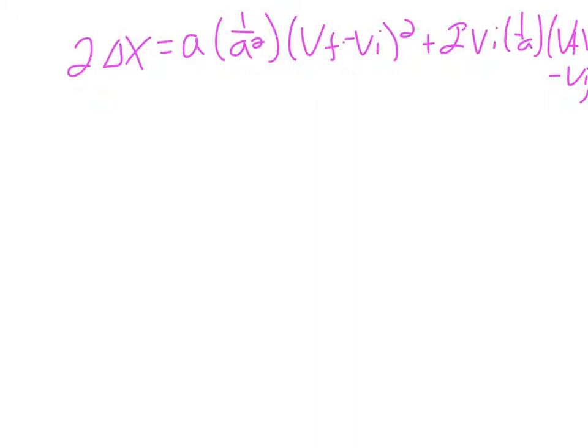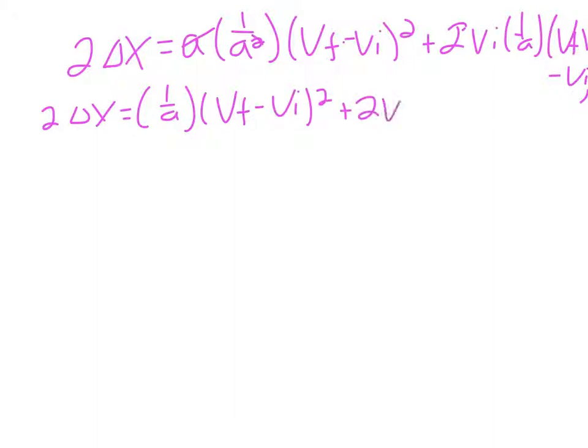This a cancels out that, so we're left with 2 delta x equals 1 over a (v final minus v initial) squared plus 2 v initial 1 over a times (v final minus v initial). Again, I don't like fractions, so let's get rid of the 1 over a by multiplying both sides of the equation by a.